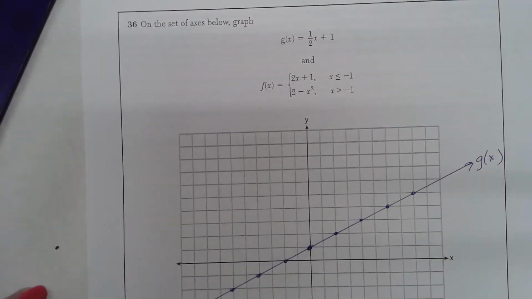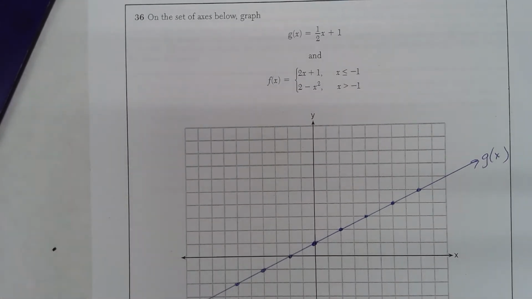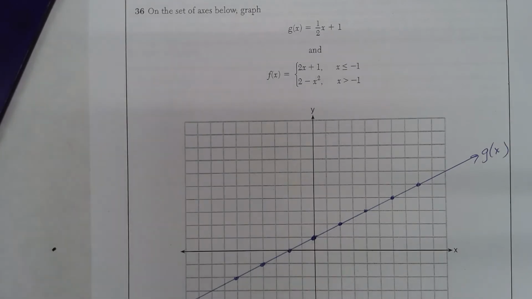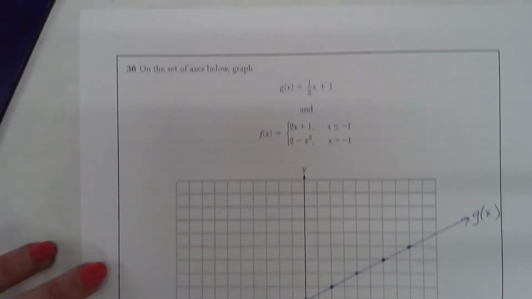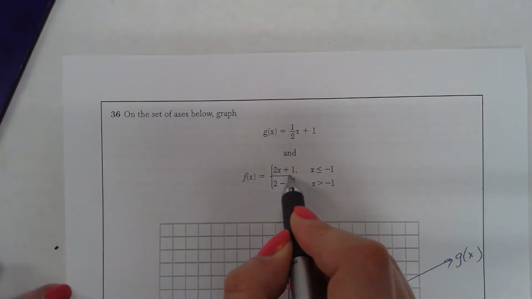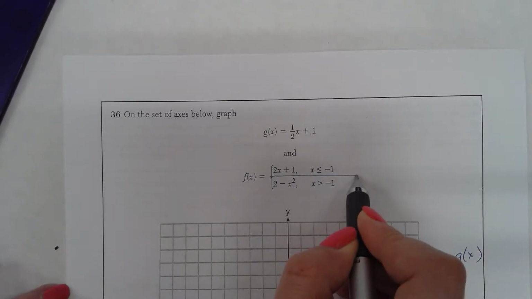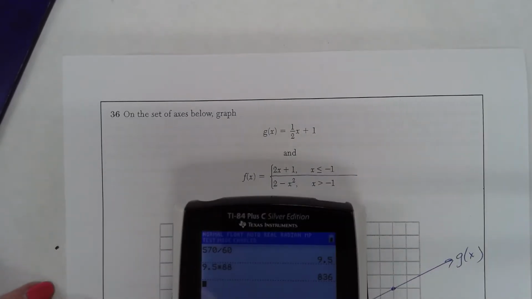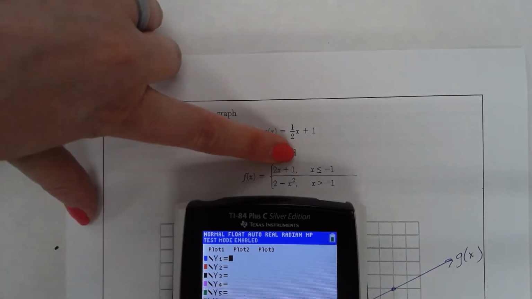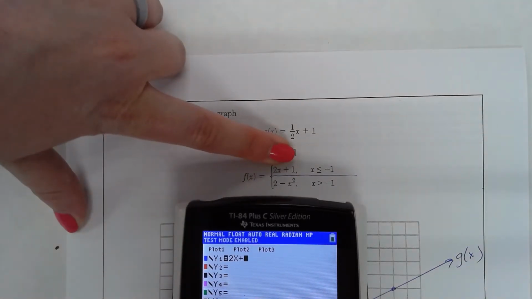g of x. Okay, now I have to graph f of x, which is a piecewise function. That means that you want to split this up into 2 pieces. The first thing I'm going to do is go to my calculator and type in 2x plus 1. And I'm going to go to my table.